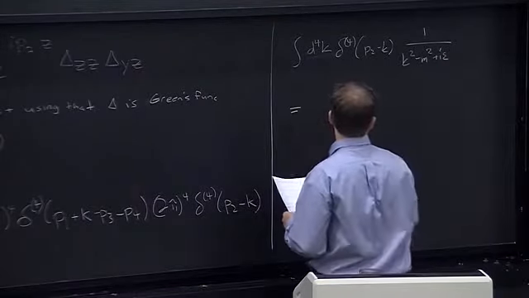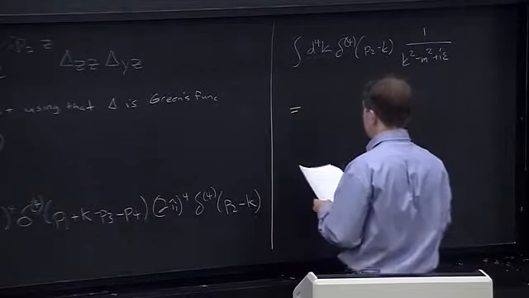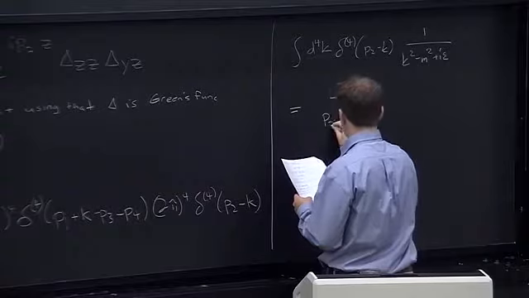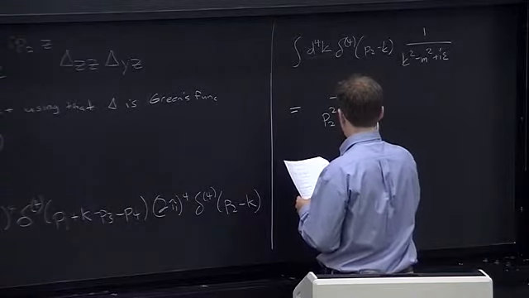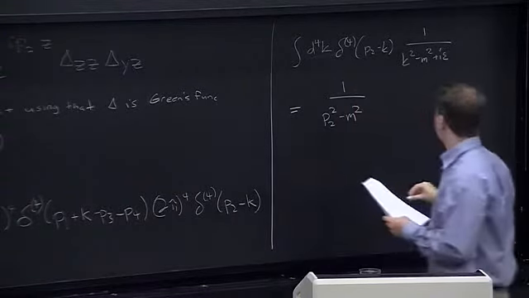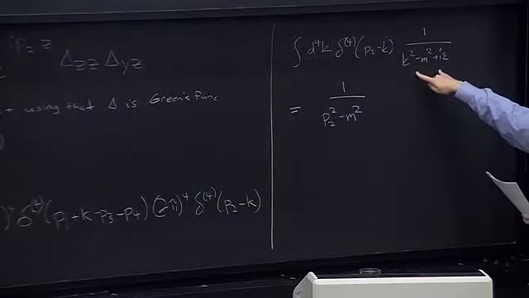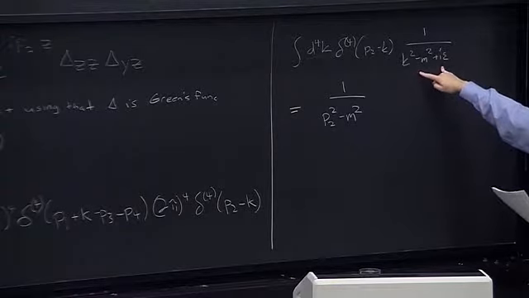This just sets k equal to p2. So we get 1 over p2 squared minus m squared. Remember, this notation just means we take the limit. This is just a specification of the contour, or we could think about it as taking the limit epsilon goes to 0.